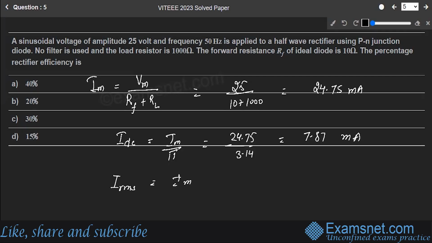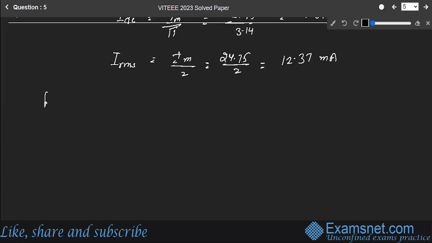IRMS is equal to IM upon 2. This is 24.75 upon 2. This is 12.37 milliampere. Now, PDC is IDC square multiplied by RL. So this is 7.87 into 10 power minus 3, for removing the milli, square, multiplied by 10 power 3.